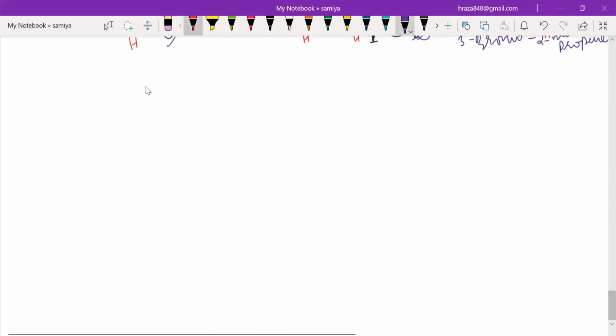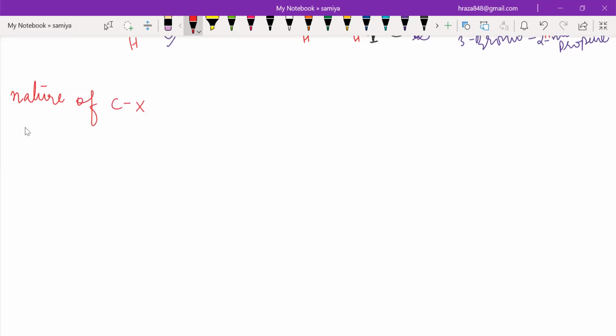Okay. See, before starting preparation, we have nature of CH bond. As you know, carbon makes 4 bonds like this, and we are studying haloalkane.